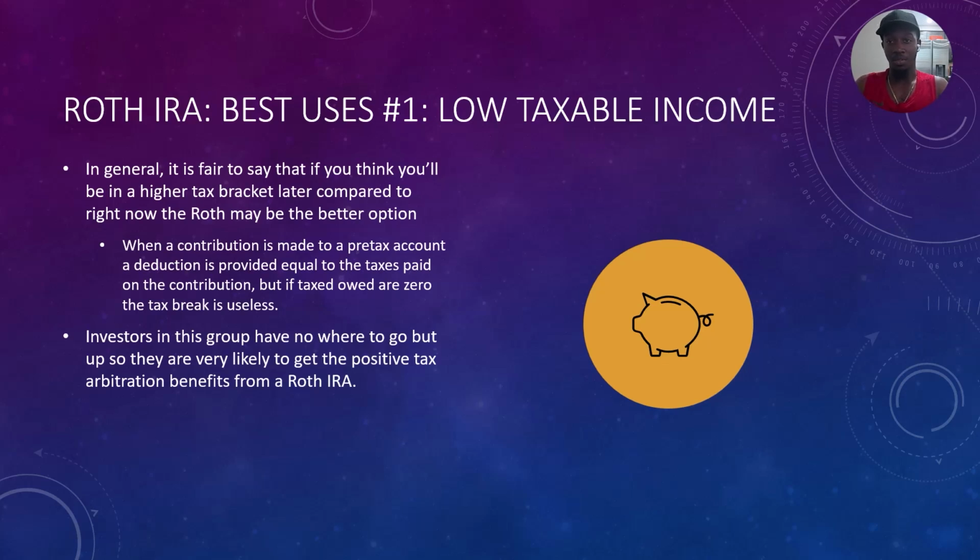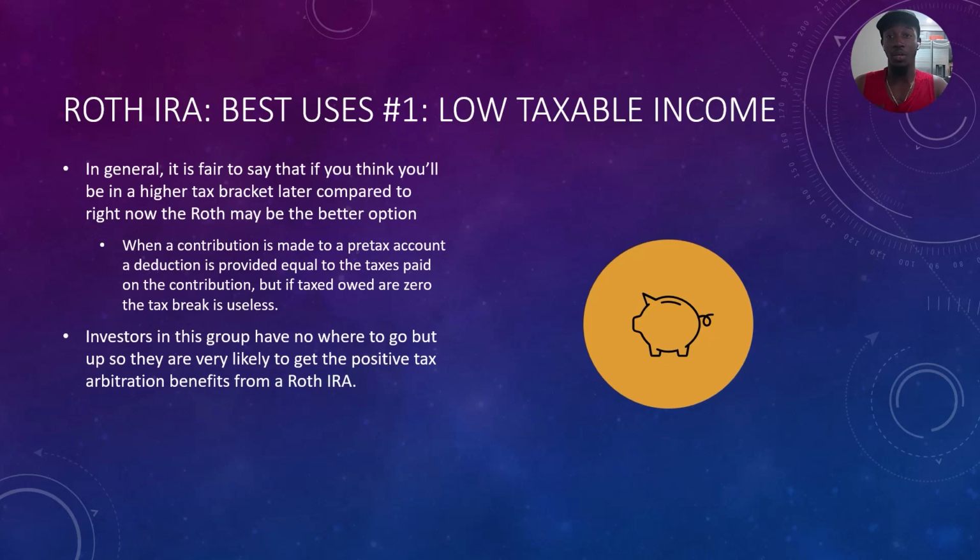Consider the opposite case where you have a traditional IRA. You earn the money, then you put it in the account, and you avoid a tax bracket, whatever tax bracket you're in. So consider somebody who's low income that contributes to a traditional IRA. That doesn't make any sense either, because what will typically happen is you'll put the money in, then come tax time, you'll get a write-off, a deduction for the amount you put in, and then they'll basically give you back the taxes that you paid on that money when you contributed to the account.